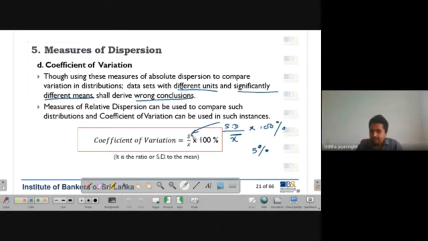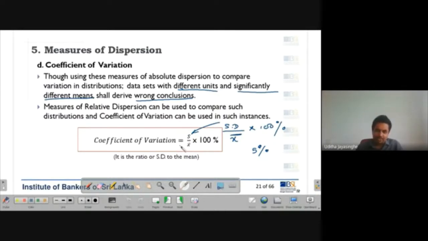So that's why we take the relativeness. It's a percentage, the fraction of standard deviation divided by that particular population's x bar, or the average, so that you can comfortably calculate the coefficient of variation.